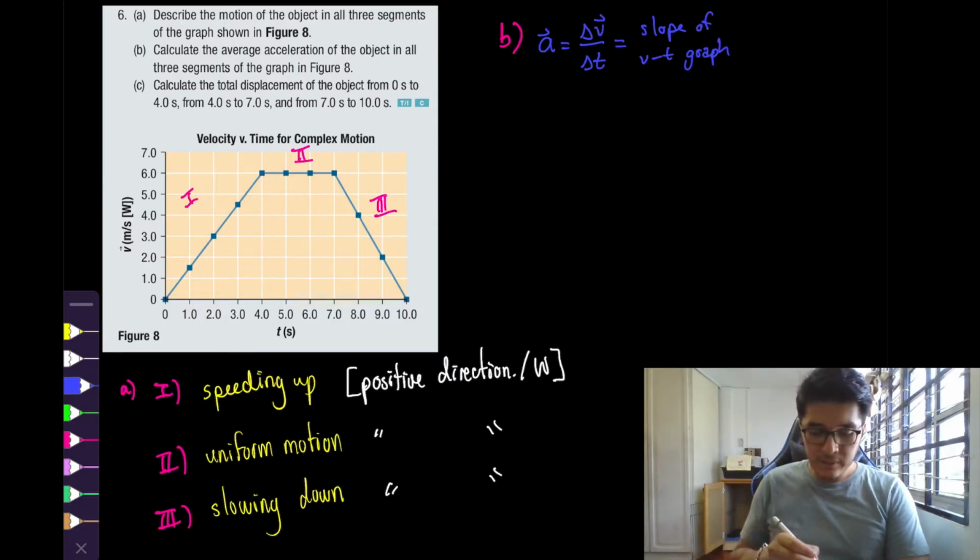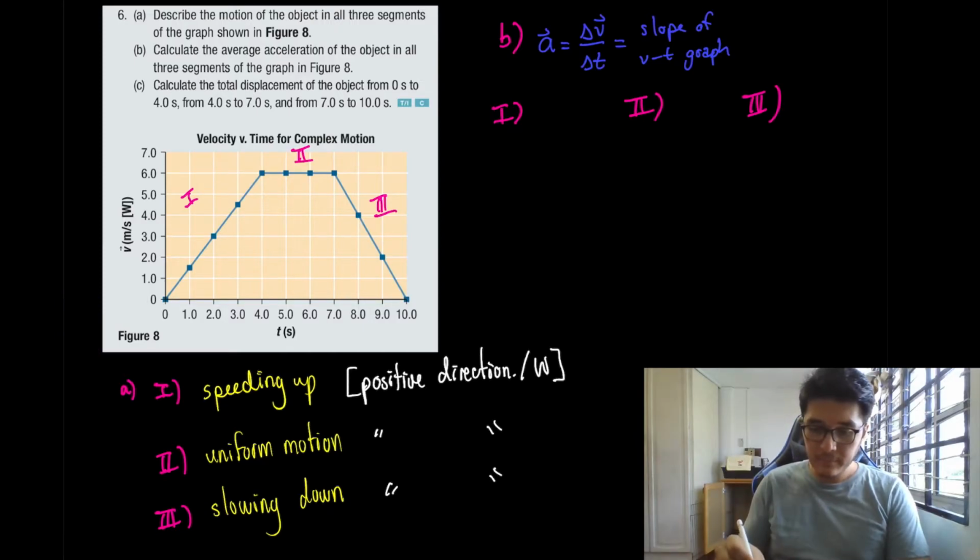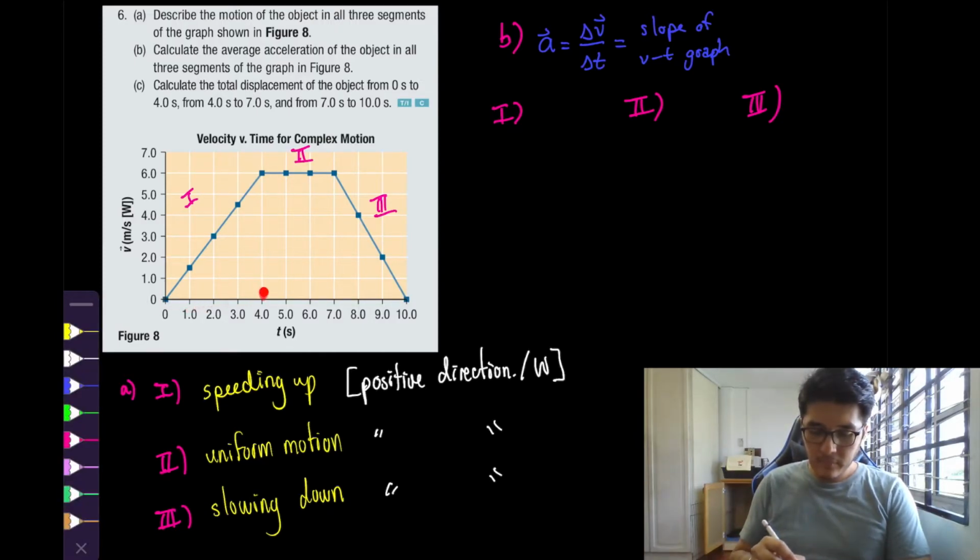So let's calculate the slope in each of the three sections. For the first part, between 0 and 4 seconds, it's probably best to pick out the endpoints because there are already nice points, right? They made the grid lines.